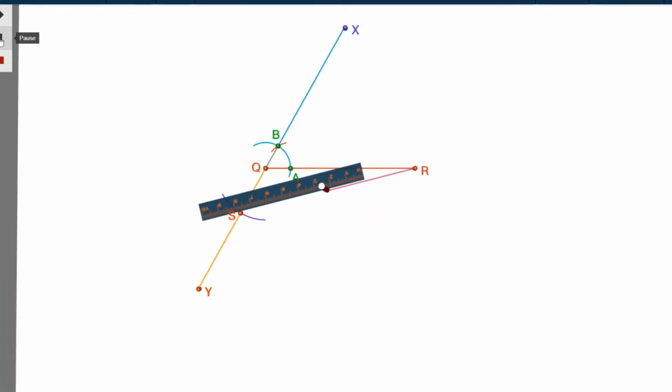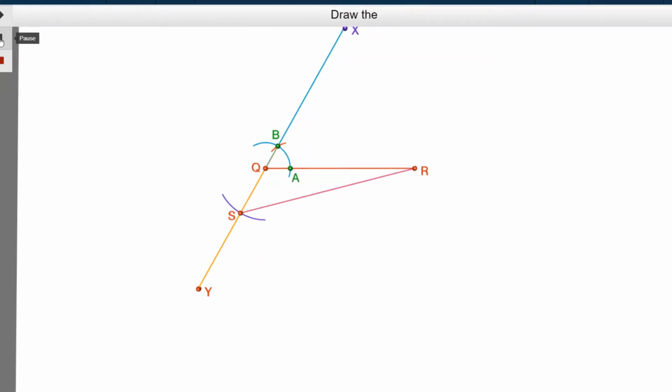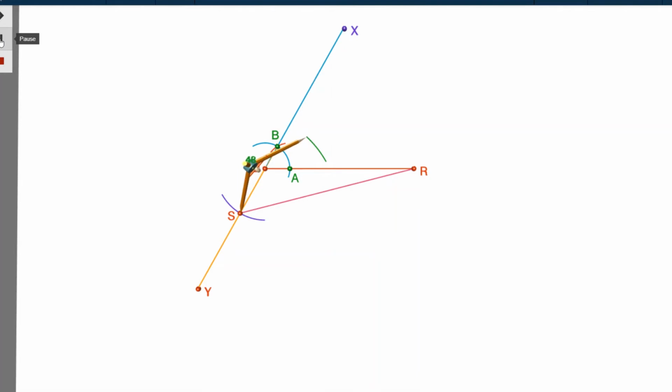After joining SR, we have to draw the perpendicular bisector of SR. A perpendicular bisector of a line segment passes through the midpoint of the line segment and intersects the line segment at 90 degrees. For this, put the needle of the compass on S and take any convenient radius.